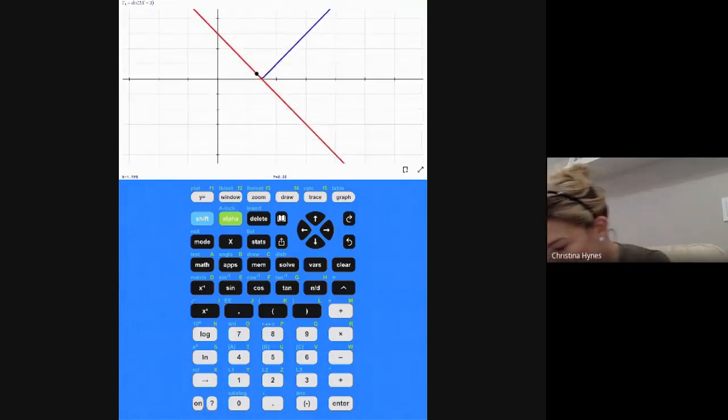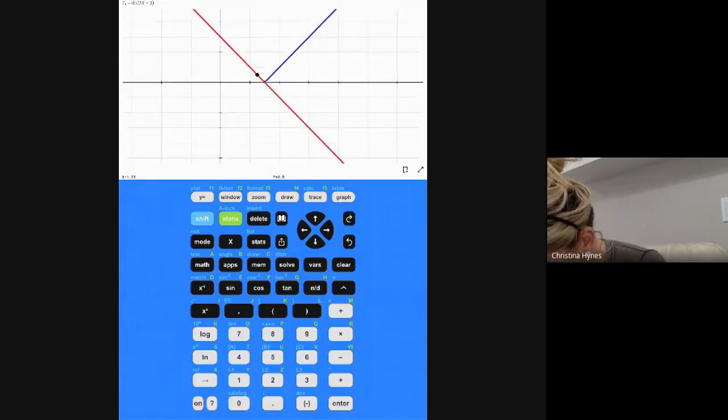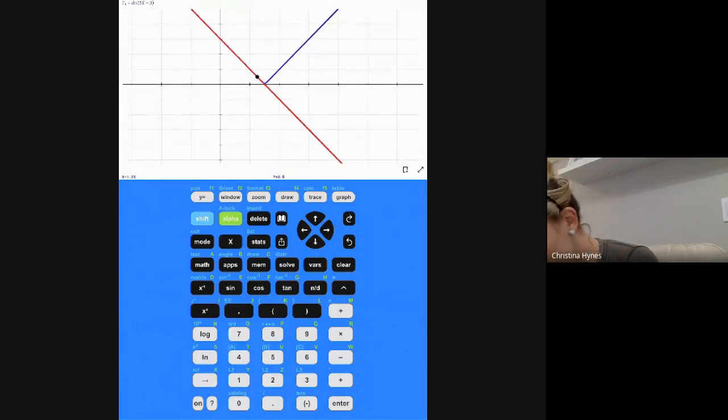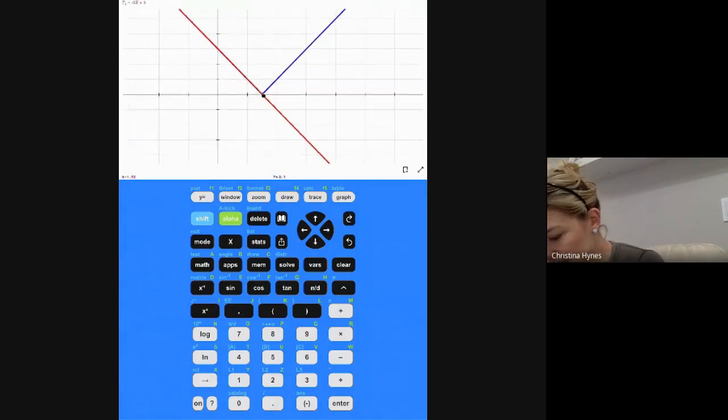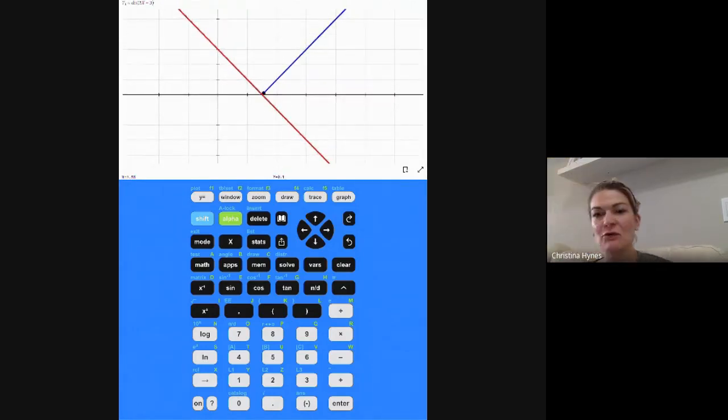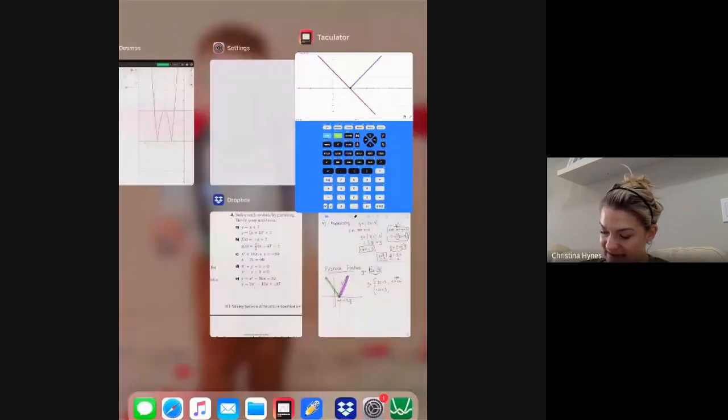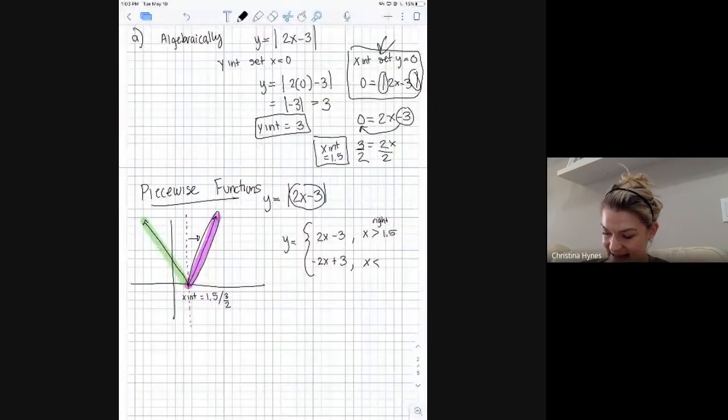I just want to move that guy, nothing else. So where that dot is, on the actual x-intercept, I want the piece that is to the left of that point, because that's going to go over top of my blue piece. So if I want the left of it, I would say x is less than 1.5, okay?